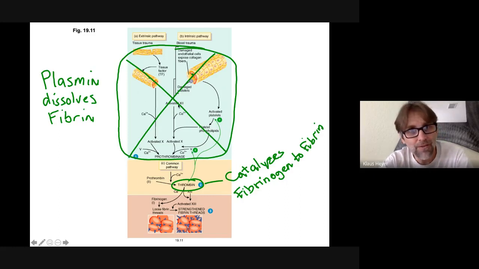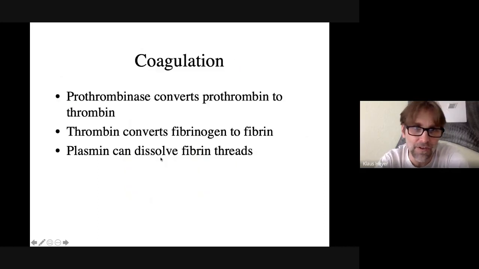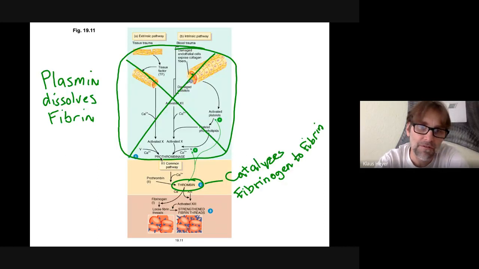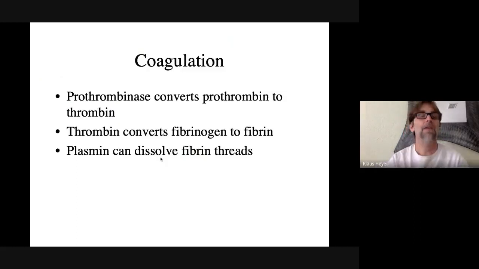But whatever the tissue factors are, what matters is that it ends up producing an enzyme called prothrombinase. I've actually written this on the next slide. In fact, it doesn't really matter where I put it, does it? Bam. You end up with an enzyme called prothrombinase, and as I have it written here, it converts something called prothrombin to thrombin.